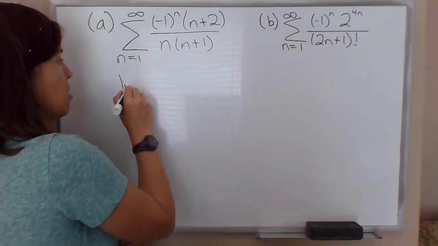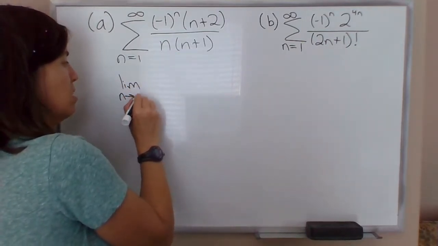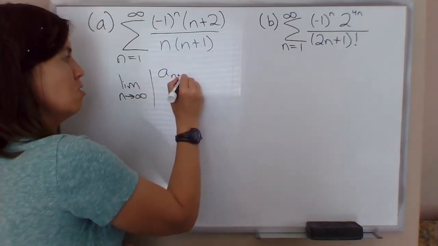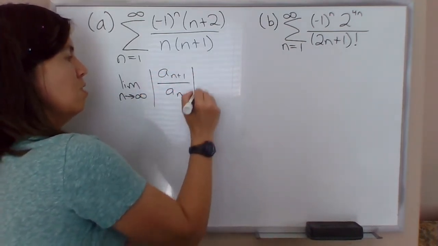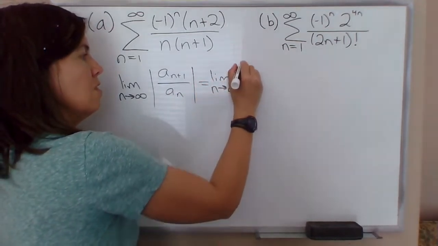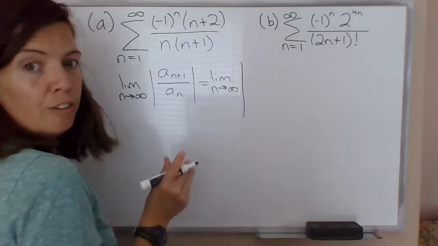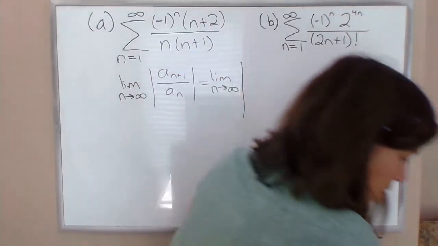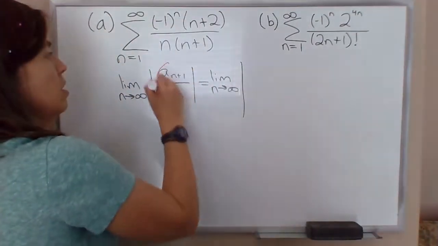So imagine that scenario. So we take the limit as n approaches infinity again of the n plus 1 term over the nth term. So in this case, that's the limit as n approaches infinity of the absolute value of the n plus 1 term. So make all of these n's n plus 1s for a n plus 1 here.